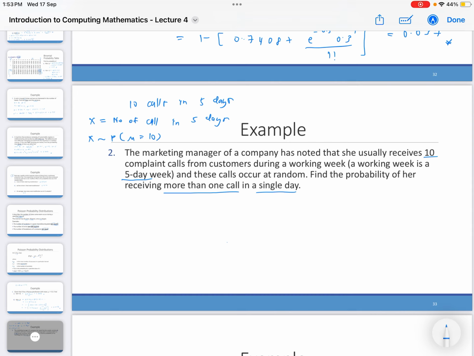But now we want to calculate the probability of receiving more than 1. This is more than 1, with no equal sign, in a single day. So now we let Y be the number of calls in a day.